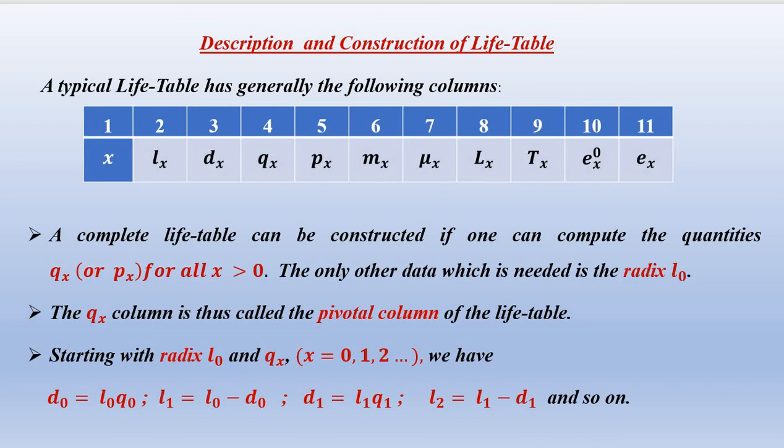Starting with radix l0 and qx for x equal to 0, 1, 2, etc., we have d0 equal to l0 into q0, l1 is equal to l0 minus d0, d1 equal to l1 into q1, then l2 equal to l1 minus d1 and so on.